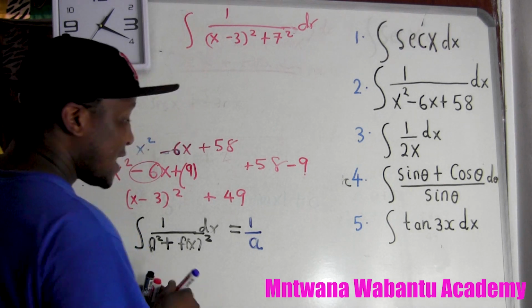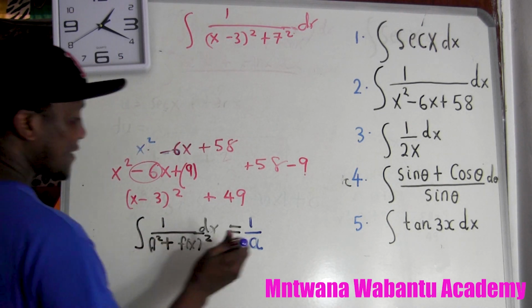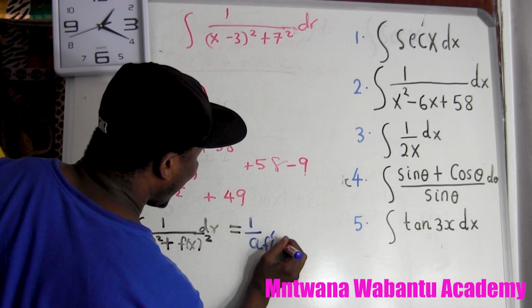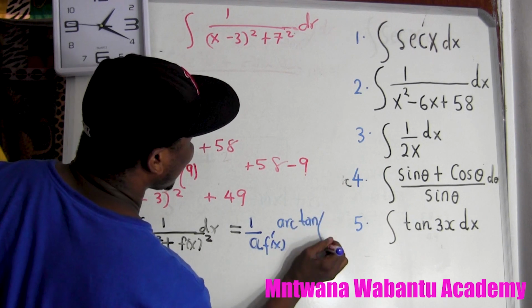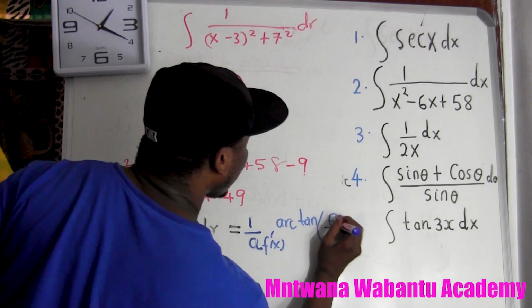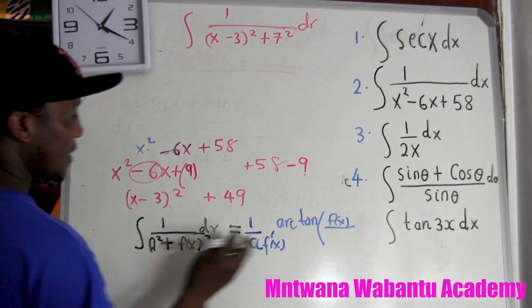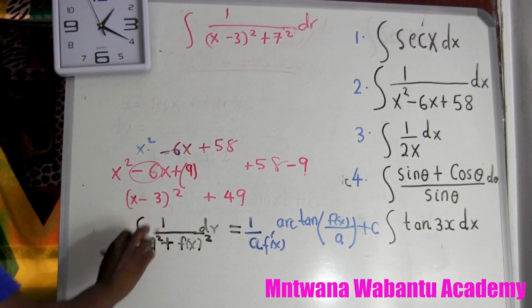When you derivate your function, it's going to give f prime. And then here you say arctan, or tan inverse, of your function with no square, and then divide by a, and then you plus a constant, because in this case you don't have a limit.